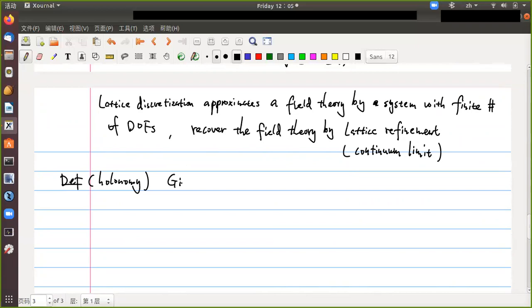Now, given this SU(2) connection, a one-form, an SU(2) gauge potential, given that and an oriented edge.